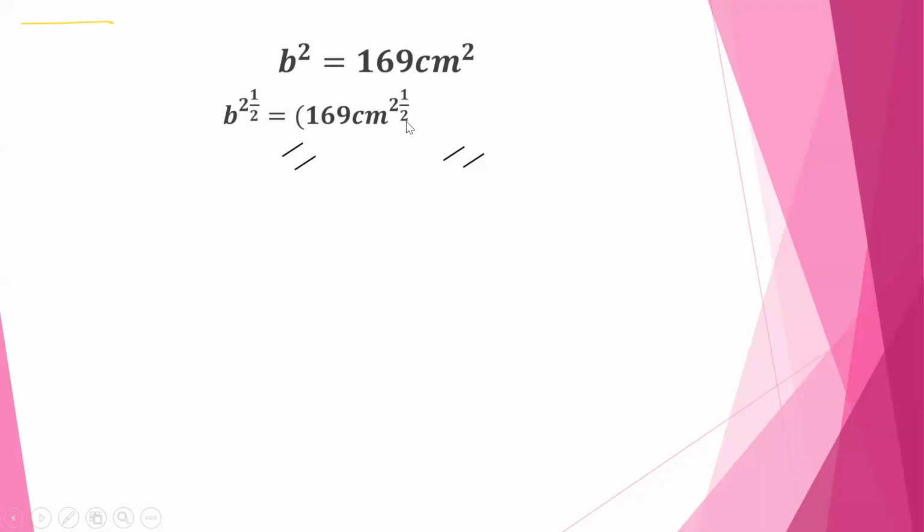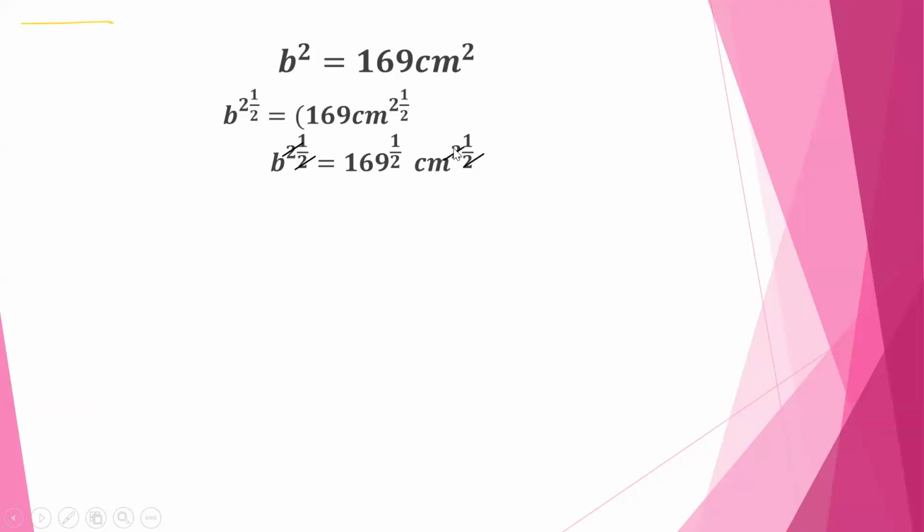This raised to the power half is applying to the whole expression, but this squared is only applying to the centimeter squared. So this half is applying to 169. So you have 169 raised to the power half, and you have centimeter squared raised to the power half.